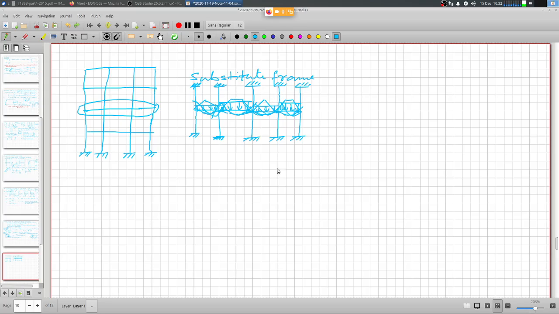But if the alternate spans are loaded, then it will change the bending moment distribution, isn't it? Let us just look at the condition when alternate spans are loaded.